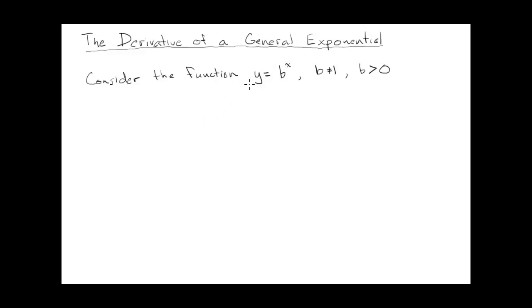So to get the rule for the general exponential, all you're going to do is take this exponential, y equals b to the x, and write it in logarithmic form, which would be x equals log base b of y. So that's the same function, but in logarithmic form.